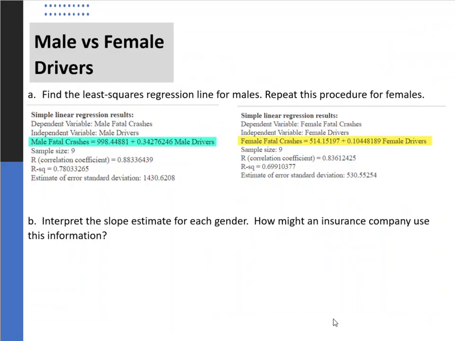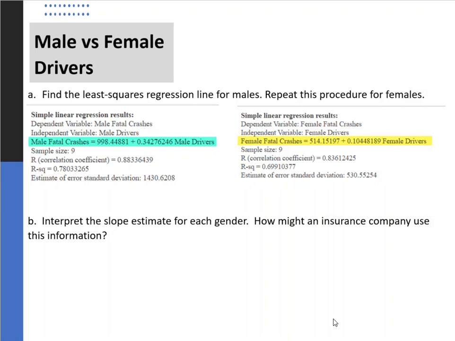So here are those two output screens that I created in StatCrunch. On the left, I have the equation representing the male fatal crashes, and on the right, I have the least squares regression representing female fatal crashes.